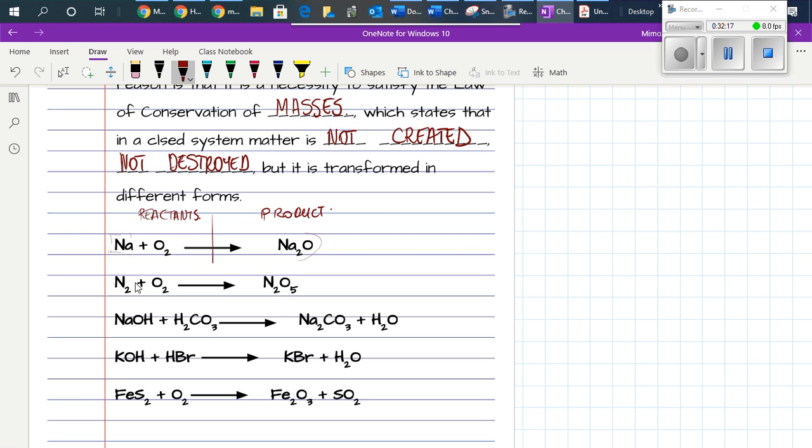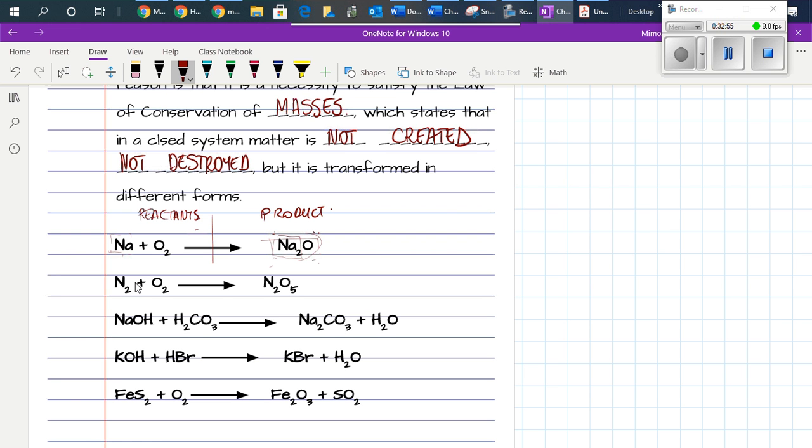If we see sodium on the product side, then we have two, because this little 2 means that we have 2 atoms of sodium in this ionic compound. Therefore, the number of atoms of sodium on the reactant part is not the same as on the product part.